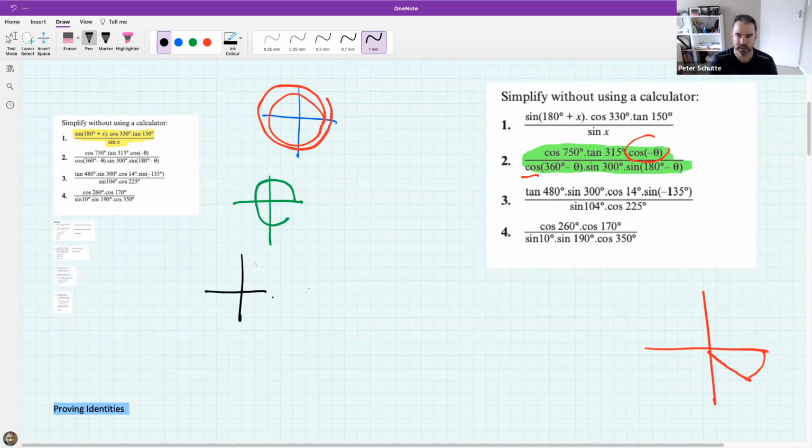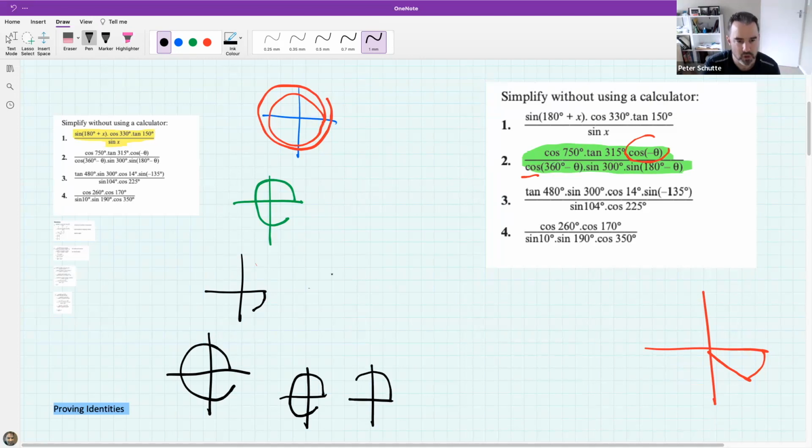The cos of minus theta would be here. 360 minus theta would be here. Sine of 300 would also be here. And the sine of 180 minus theta would be here. So all I'm doing in these drawings is showing you what quadrant I'm in.